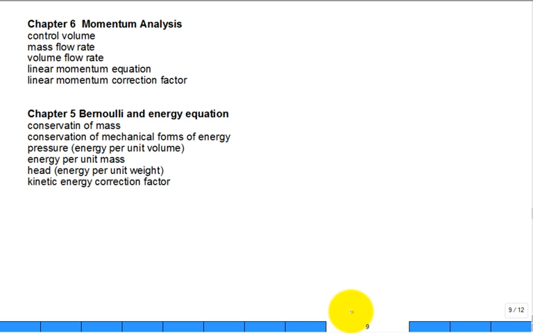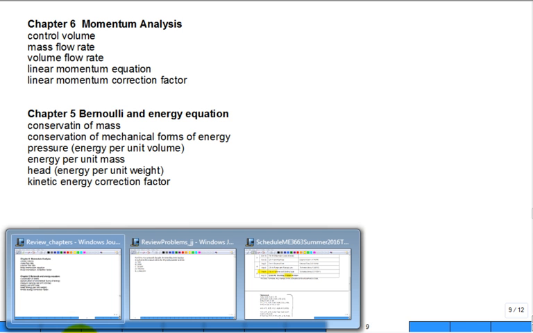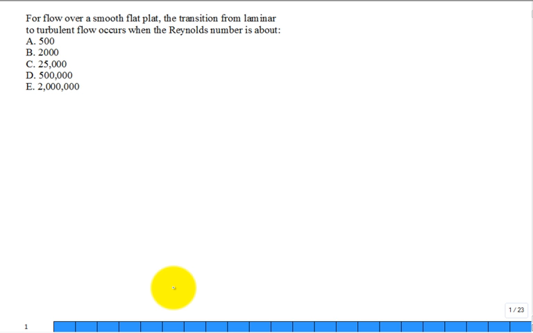Let's solve some problems. So for flow over a smooth flat plate, the transition from laminar to turbulent flow occurs when the Reynolds number is about what numeric value? D. True? 500,000.